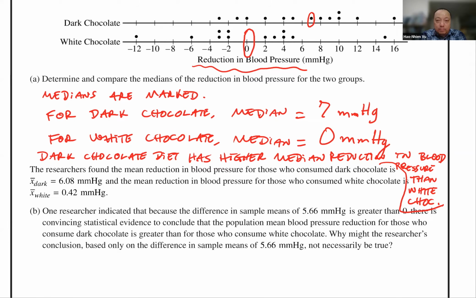so the difference between 6.08 and 0.42 is 5.66, which is greater than 0, there is convincing statistical evidence to conclude that the population mean blood pressure reduction for those who consume dark chocolate is greater than for those who consume white chocolate. So here's a researcher who looks at a sample, finds that the mean of that sample is 5.66, and says, well, 5.66 is positive, therefore I conclude that it is for sure positive.